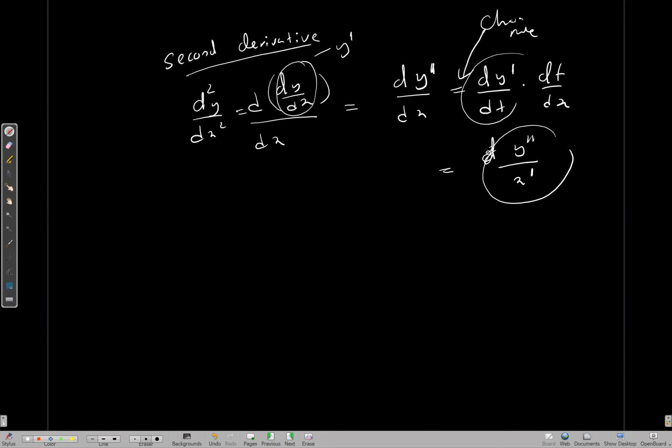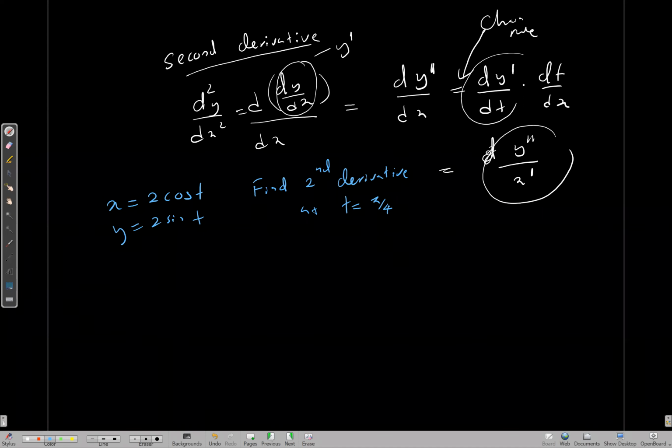Now let's see some examples. So let's say we had to find the second derivative of this parametric equation: x equals 2 cos t and y equals 2 sin t. And find the second derivative at t equals pi by 4.